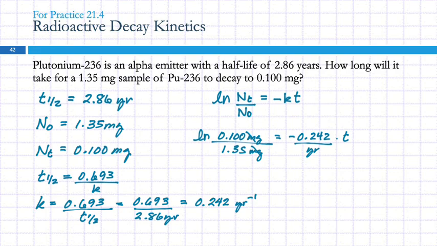All right, so I grabbed a calculator, and when I solve this, I get 10.75, 3 sig figs would be 10.8 years.